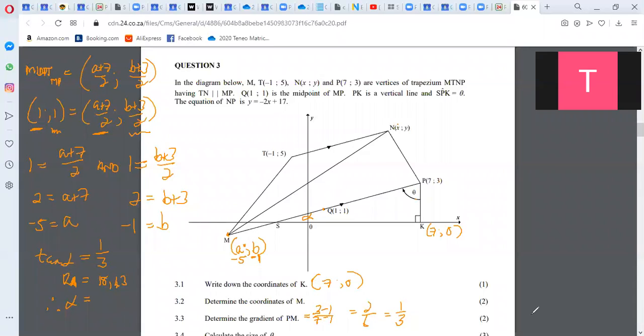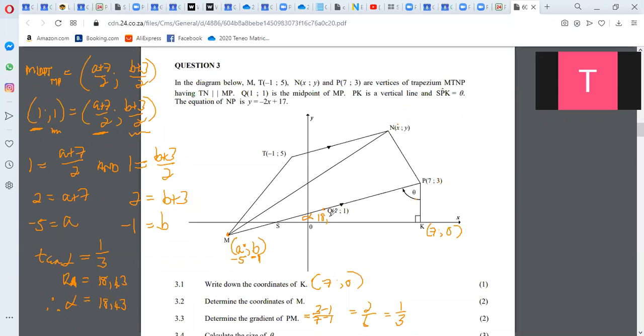Yes, ma'am, I'm here. What did you get for your reference angle? Let me double check once again, ma'am. I got 18.43. Perfect. And because this is acute, alpha is 18,43. Okay, it is the acute angle.